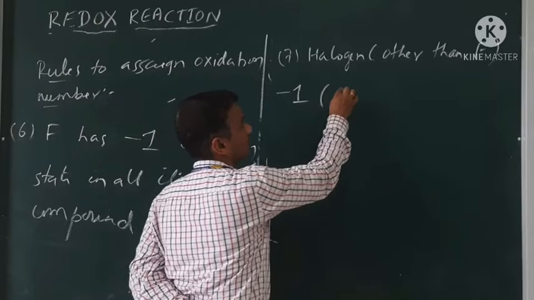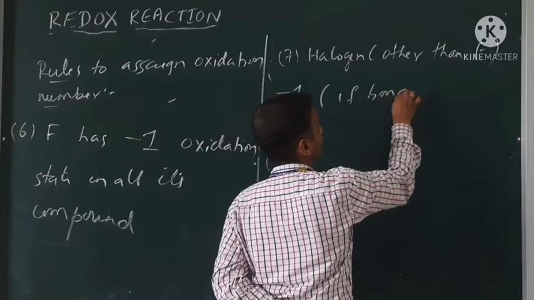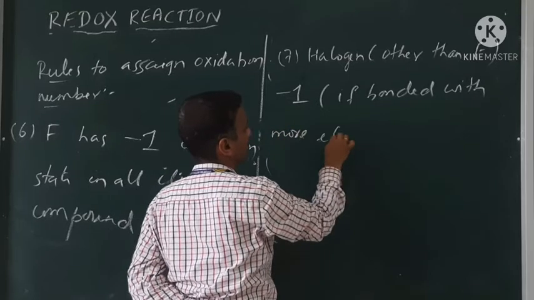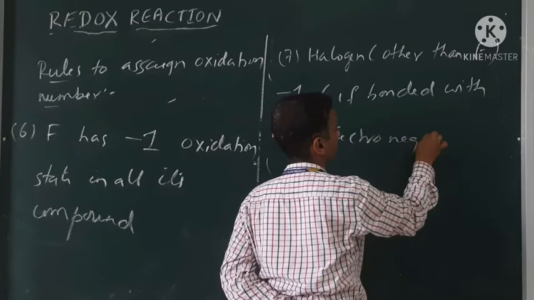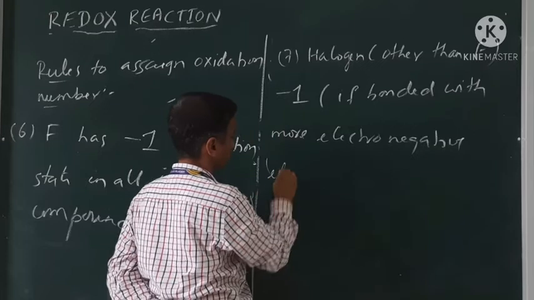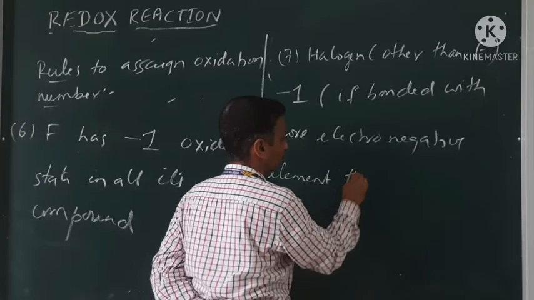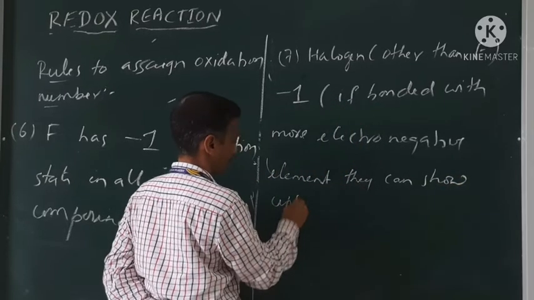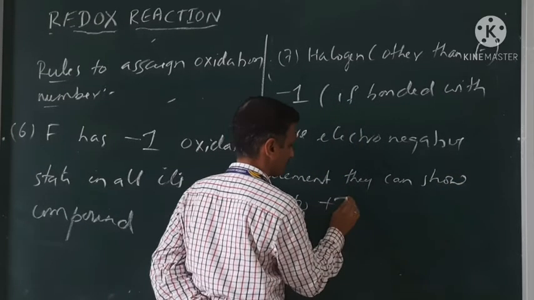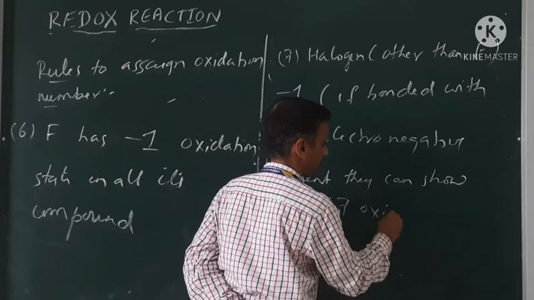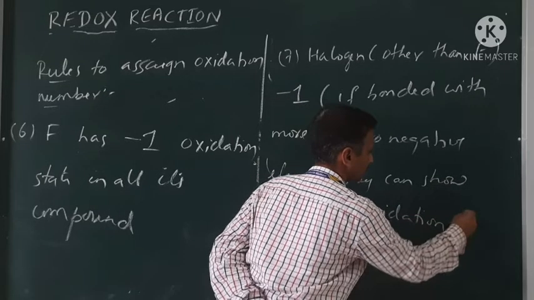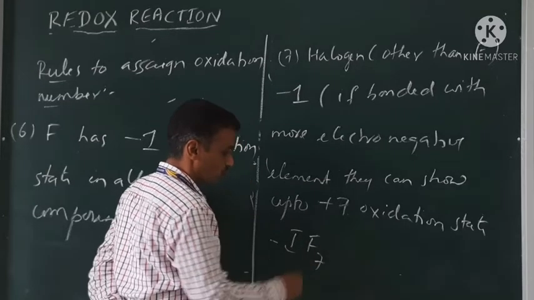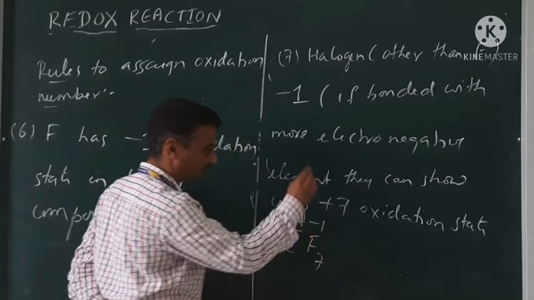But if bonded with more electronegative element, they can show up to +7 oxidation state. Like in the compound IF7, fluorine is -1 while iodine is in the +7 state.